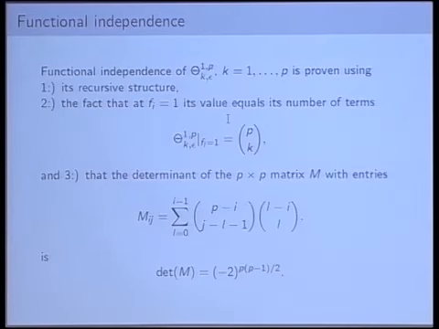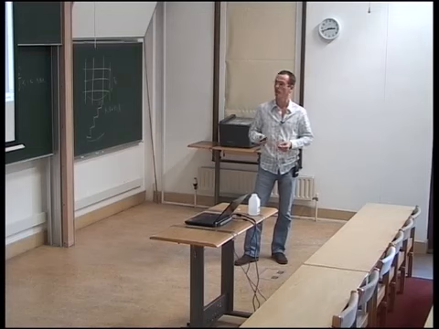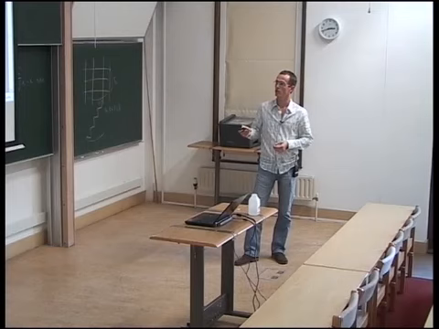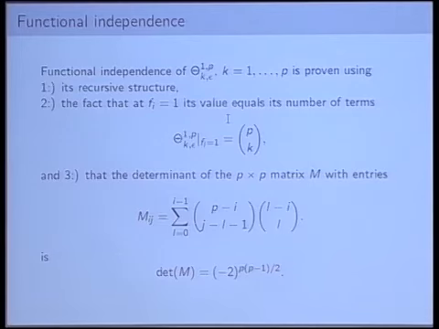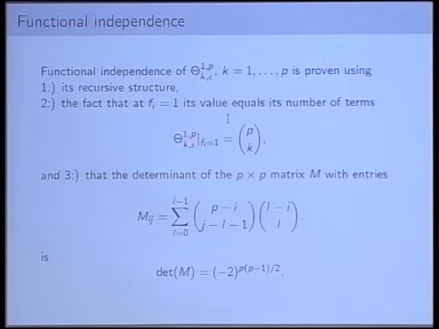I want to say something about functional independence of these functions, because now that we have really closed formulas for the integrals, we can think about proving functional independence of them. The trick is to use this recursive structure from the previous slide, and also this little fact: if you take all the values of this function to be 1, then its value is equal to the number of terms in this function.